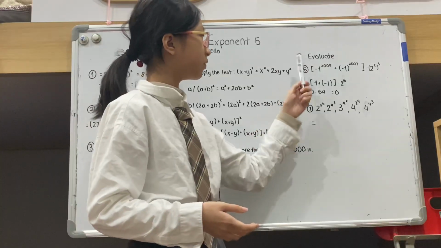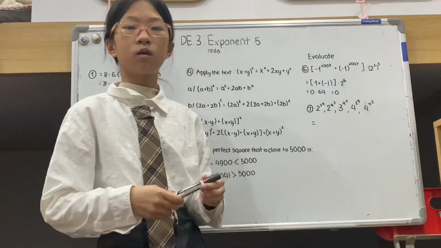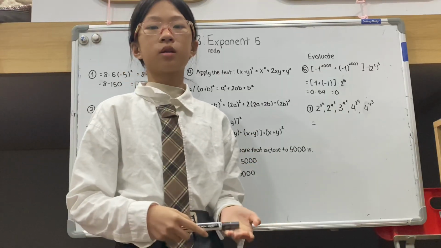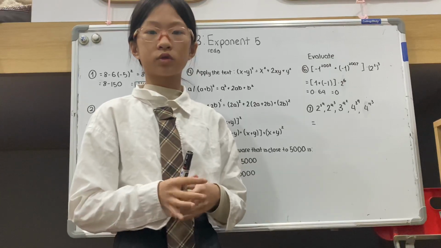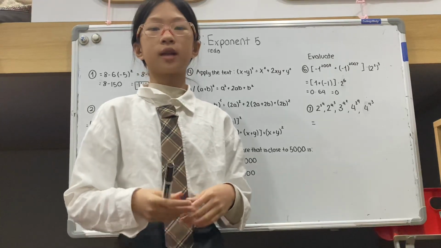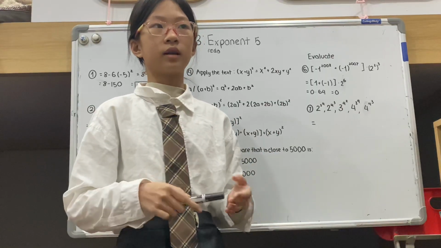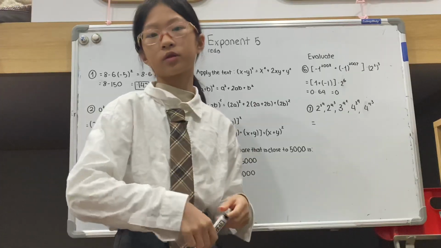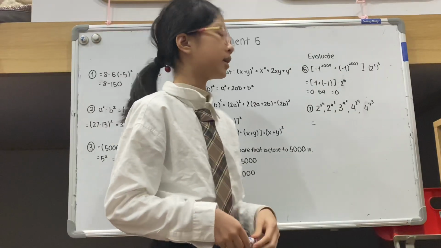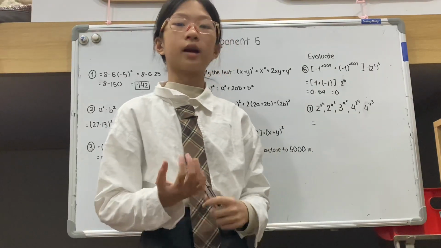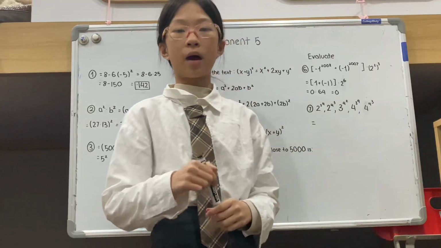The next one we have -1 to the power of 2007. With this rule, a negative number with an odd number still equals a negative number. For example, -1 to the power of 3 equals -1. And here we have 2007, an odd number, so it equals -1, times 2 to the power of 2 to the power of 3.